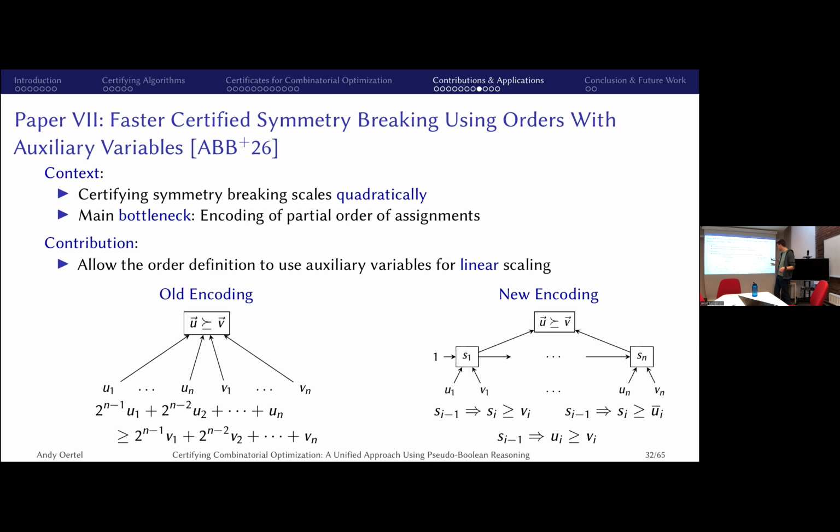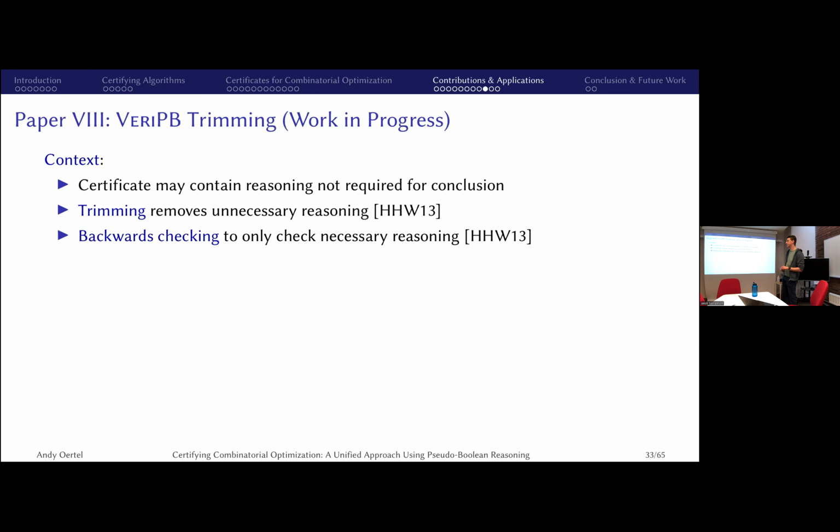And in a third paper that is still work in progress, which I plan to include in my thesis, we looked at trimming. The idea of trimming is that you're just interested in the final conclusion of your certificate, for example the contradiction in an unsatisfiability proof. And so there might be additional reasoning that is not required.